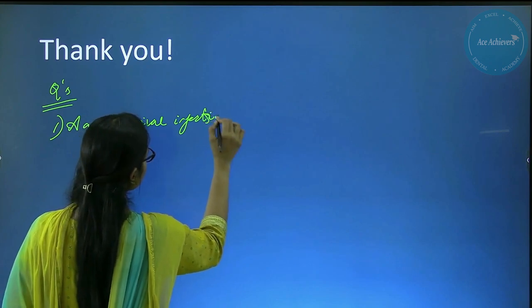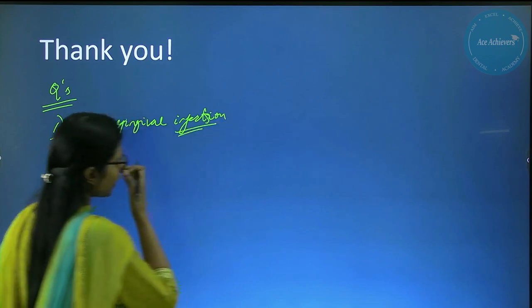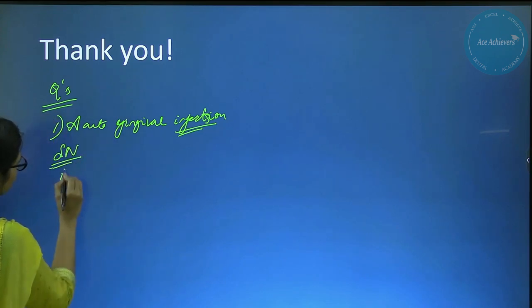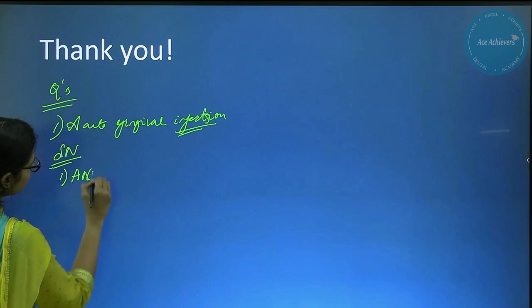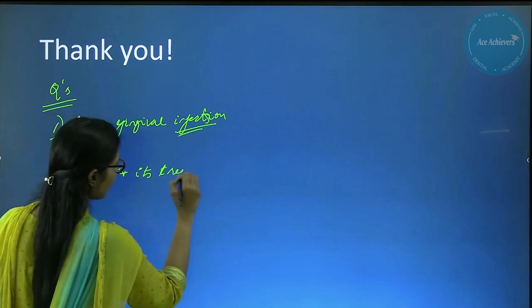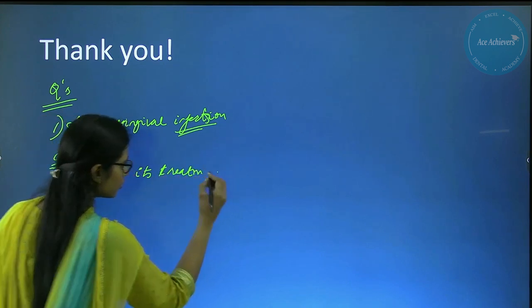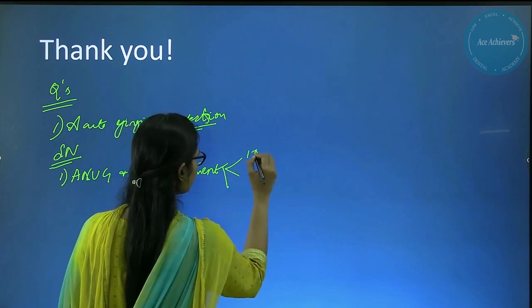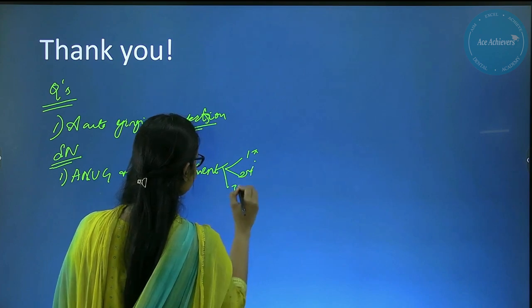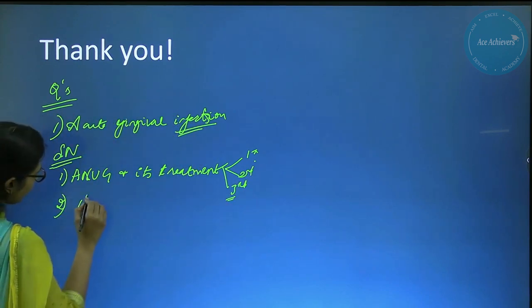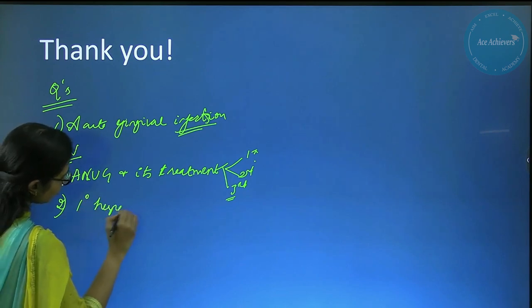Again, this is going to be rare for essay, but in short notes, you might be asked about ANUG and its treatment, where you have to explain all the 3 visits, first, second, and the third visits. Separately, they can ask about primary herpetic gingivostomatitis.